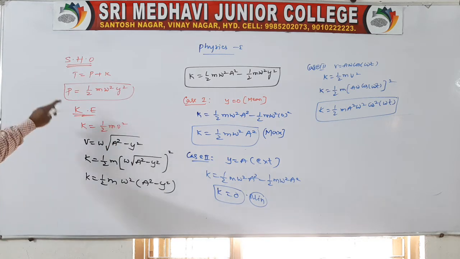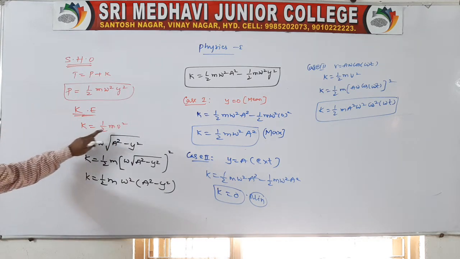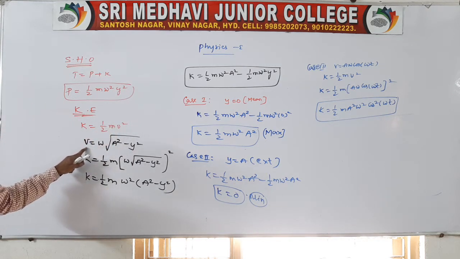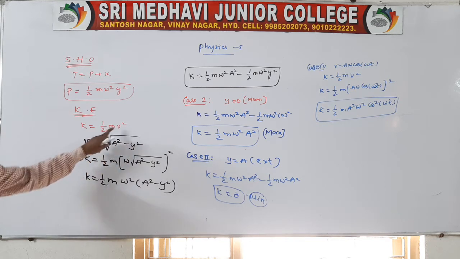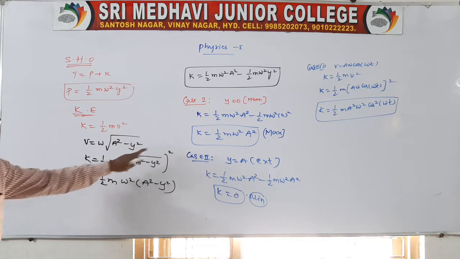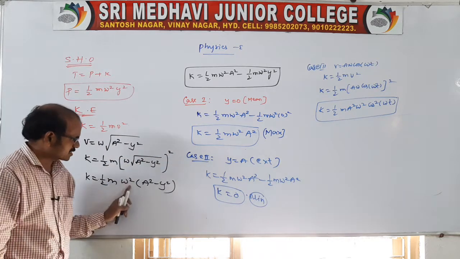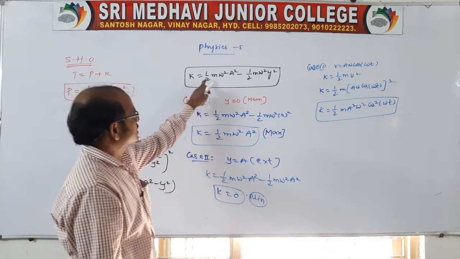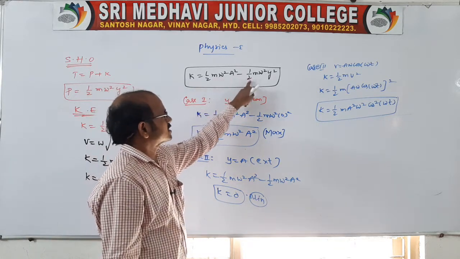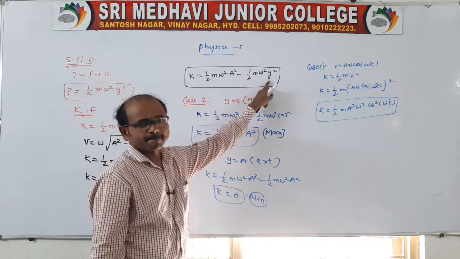Once again, look at the kinetic energy, half m v square. We know v is omega into root over a square minus y square. You substitute this value here, and it is squared, so the square root cancels: omega square into a square minus y square. So K is equal to half m omega square a square minus half m omega square y square.